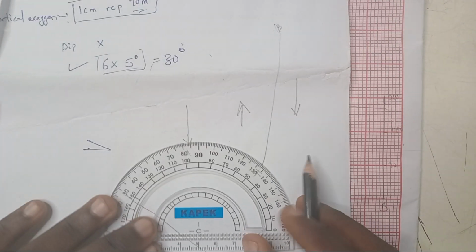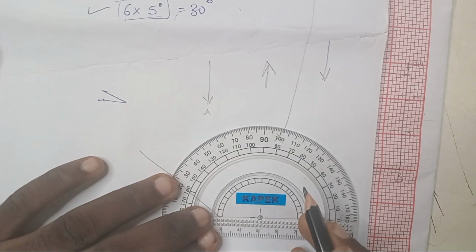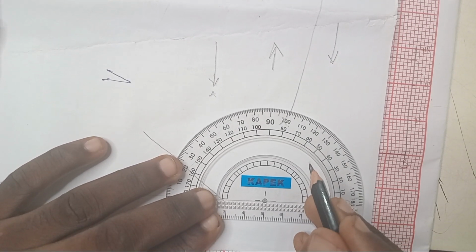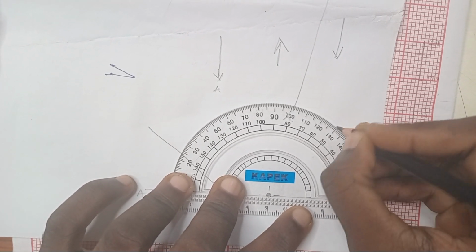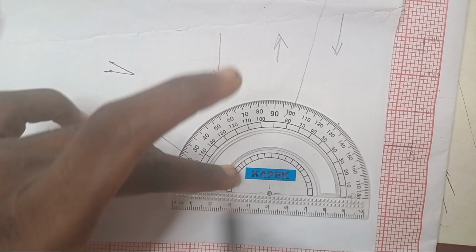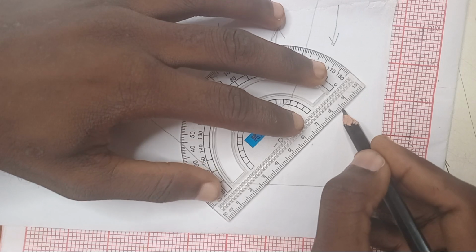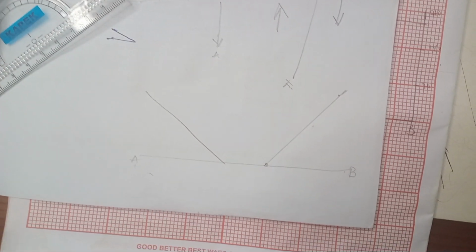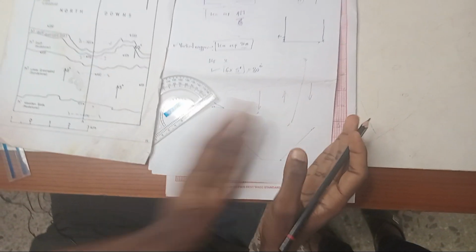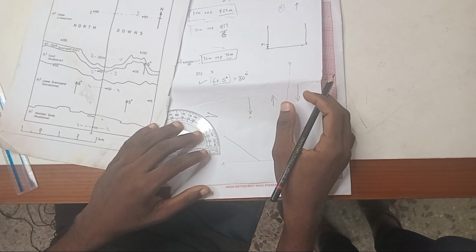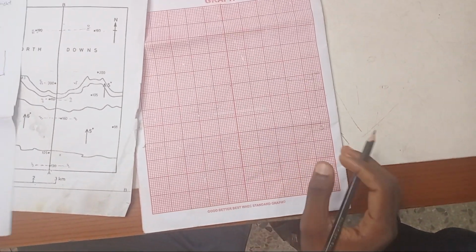So on your protractor, probably this is the point between two bedding planes. Okay, so you can just put this at center. So probably it is even 50 degree. Dipping towards A, it must point to the direction of A. Use your ruler to do that. So with all I've said, you should be able to understand dipping towards A and dipping towards B. And I'm going to show you a practical section of that.